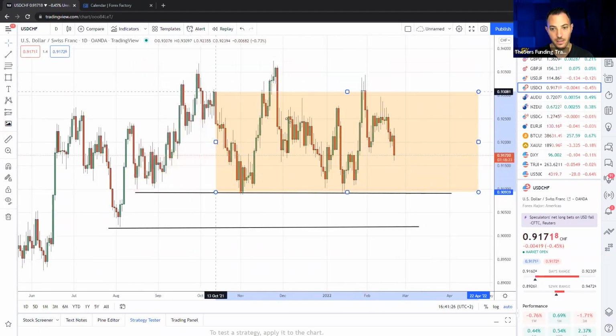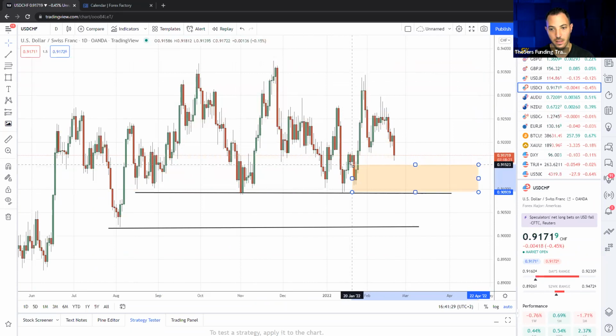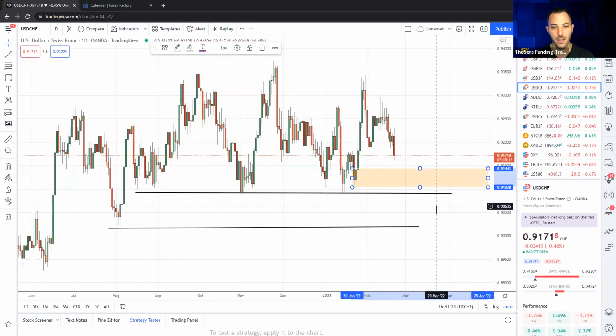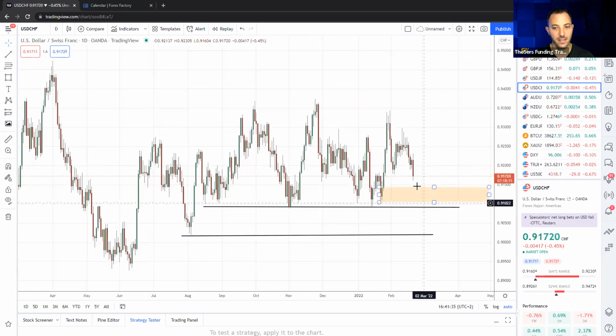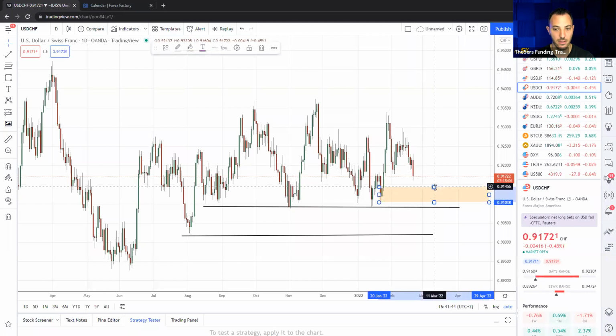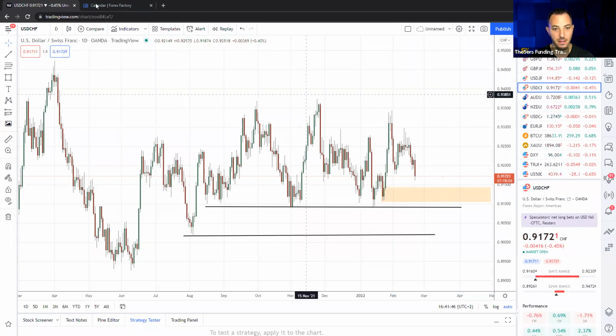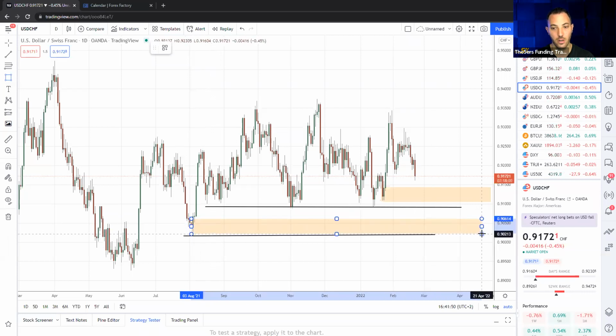You can see the demand right there. So again, without any fundamental behind it, I wouldn't expect a break of this level. So if we continue going lower, I would expect buyers to come in at this area. That might fail, but if that fails, we have this untouched demand.